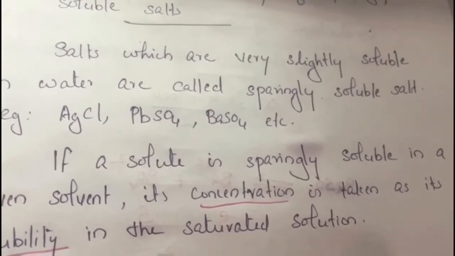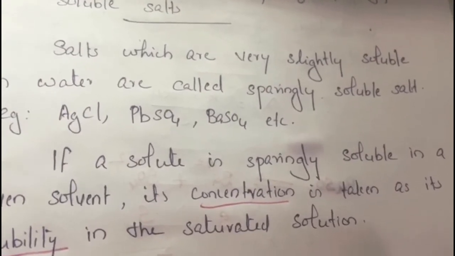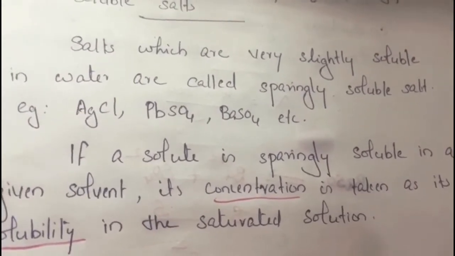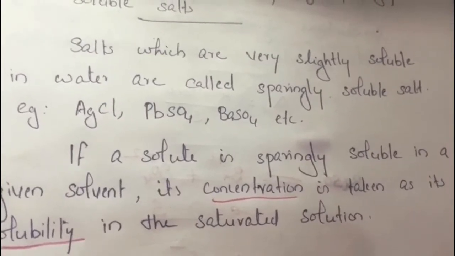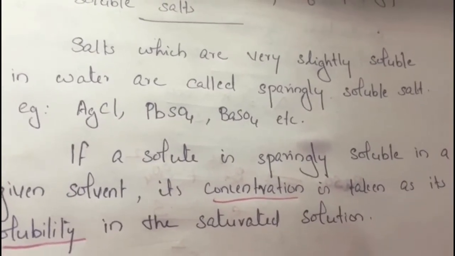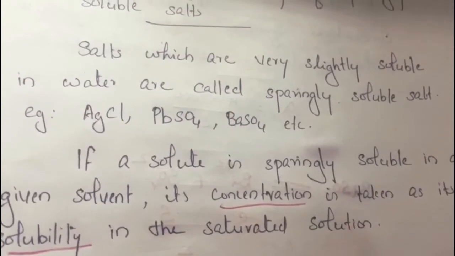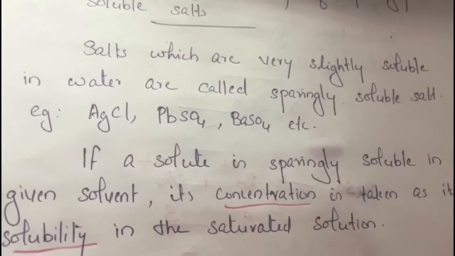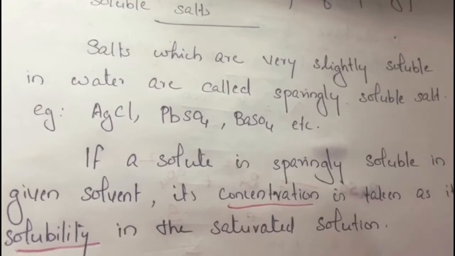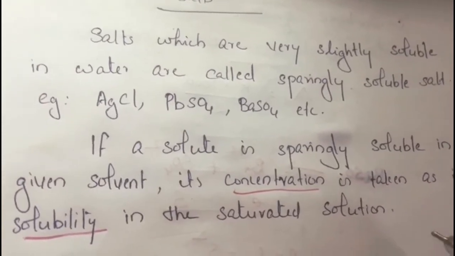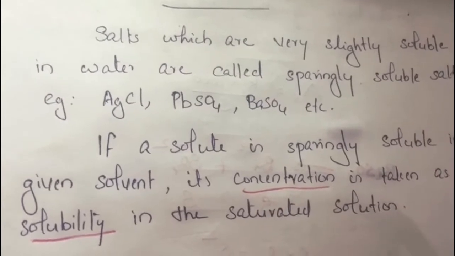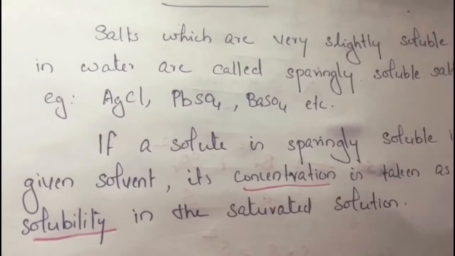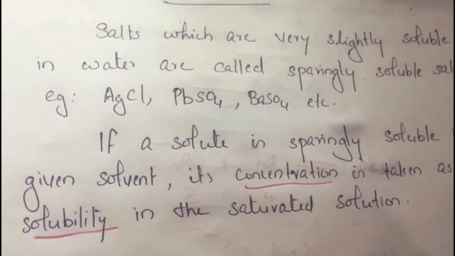First we will take the salt, for example silver chloride. This one we know is insoluble, or very little soluble, in water. So first we take the insoluble salt, thoroughly wash with water and boil. Then the solution is cooled and the conductance of the resulting solution is measured with the help of a conductivity meter. Then the conductance of the water used for preparing the solution is also determined.